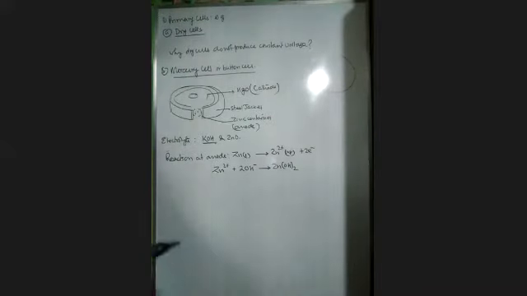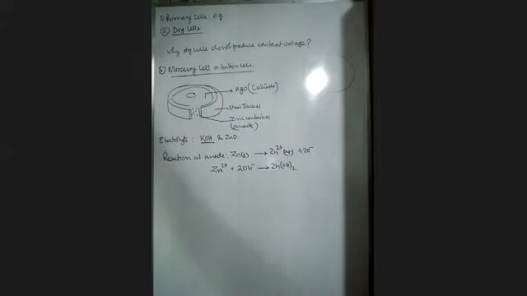Please see, for your knowledge, you should remember all metal hydroxides are not stable. Silver hydroxide is not stable; it will immediately form silver oxide. Iron hydroxide is not stable; it will immediately lose water to give you ferric oxide. Rust is ferric oxide. Initially it forms ferric hydroxide, then it becomes ferric oxide.